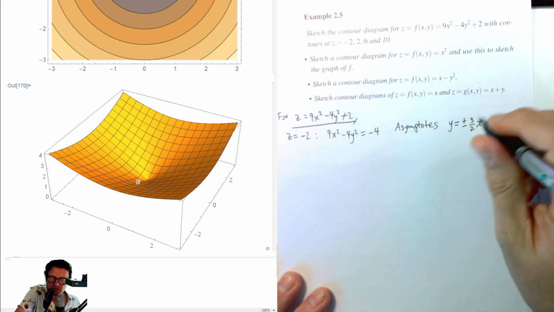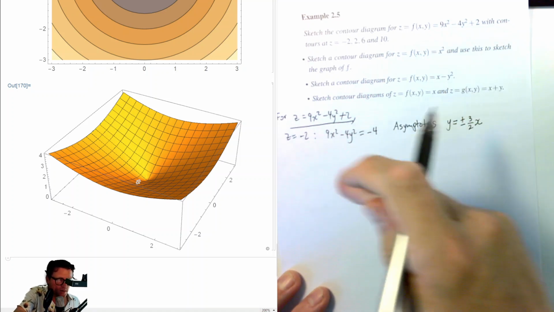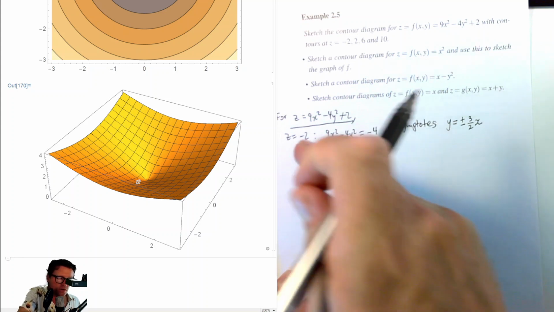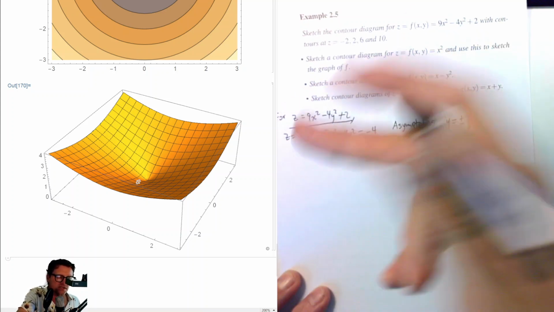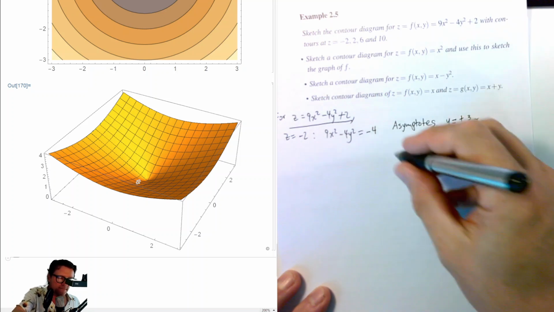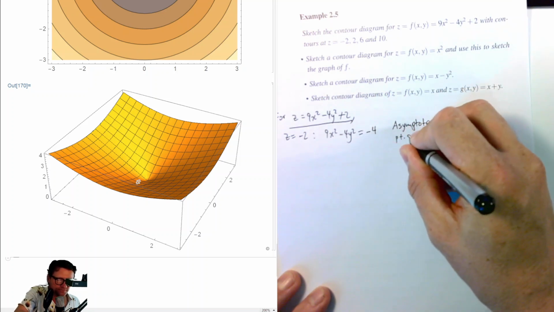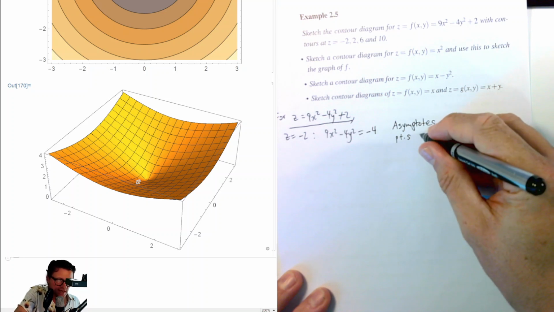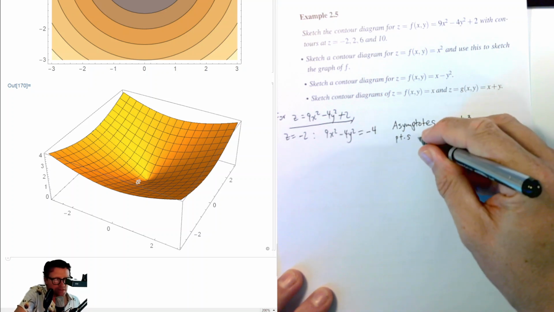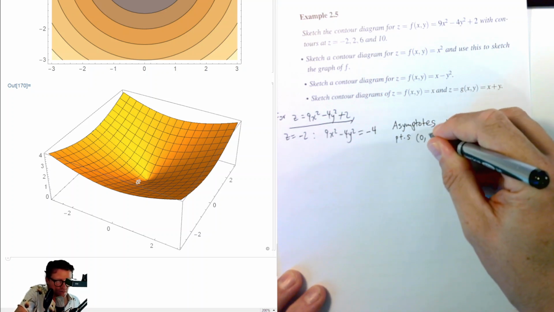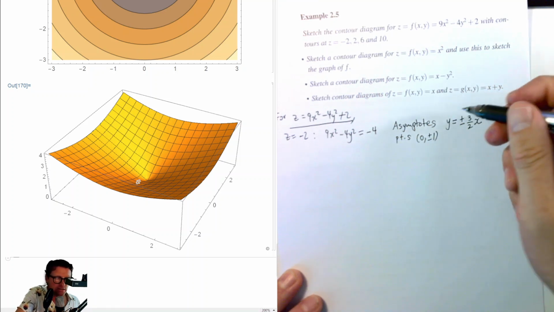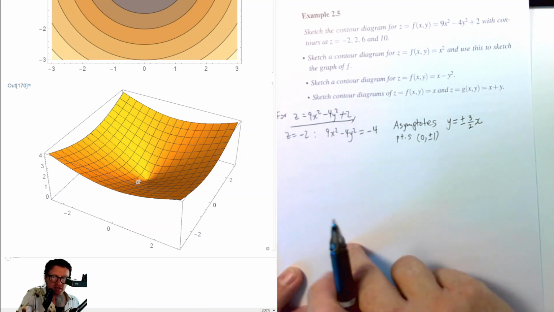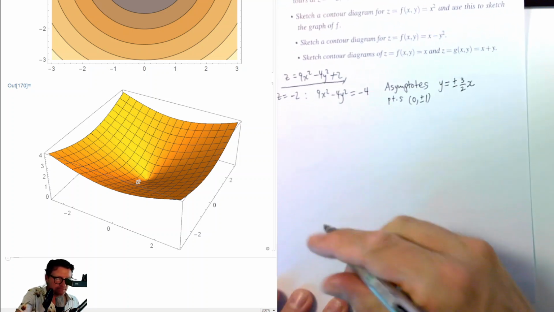These are our asymptotes. Now, applying our trick from before, when x is equal to 0, cancel the minus 4s, and we've got y squared equals 1. So it has points, among many more, 0, plus or minus 1. Okay, so down here I'm going to sketch by hand.